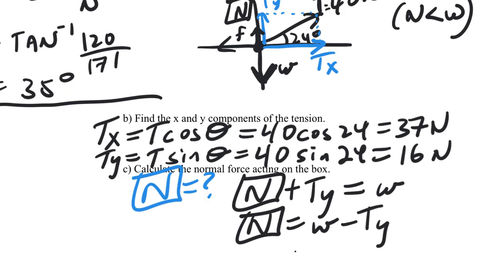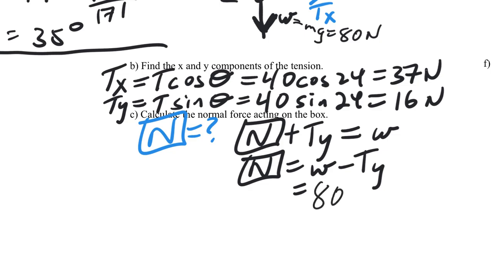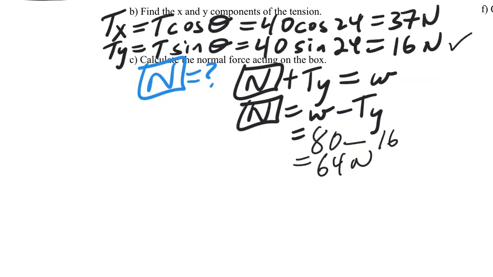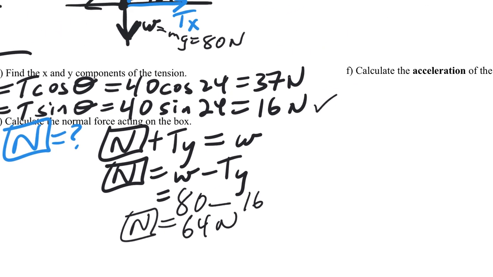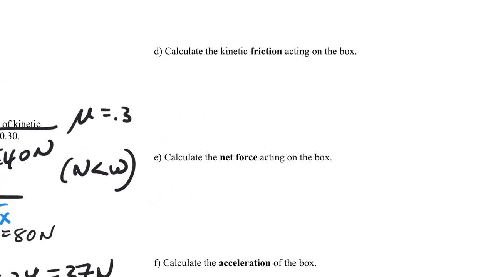If I rearrange that, the weight is mg. So here's the mass, 8 kilograms. So the weight is mg, 8 times 10. 10 is the acceleration due to gravity, 80 newtons. So this is 80 minus Ty, which we just found, 16. 64 newtons is the normal force. It is not equal to the weight, which is 80 newtons, because of the upward force.